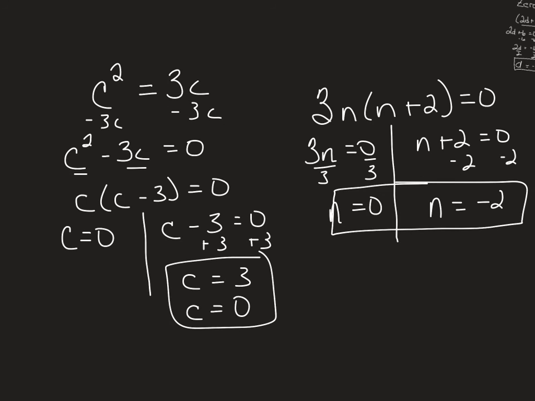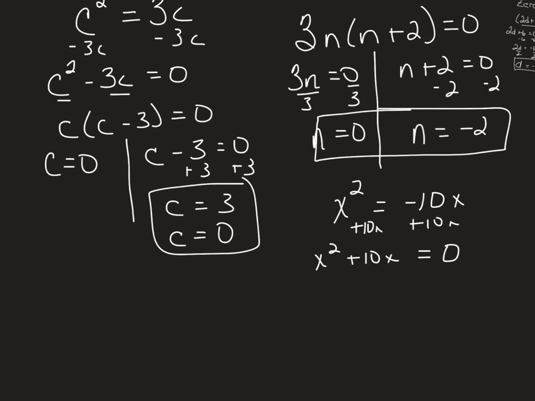One more let's do. If we had x squared equals negative 10x. Remember, I cannot divide by x. I've got to add 10x to both sides. And so we'll have x squared plus 10x equals 0. Set that equation equal to 0. X is common to both.